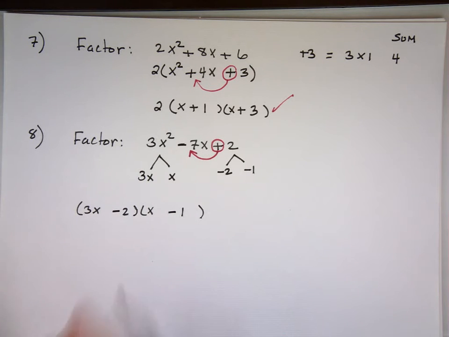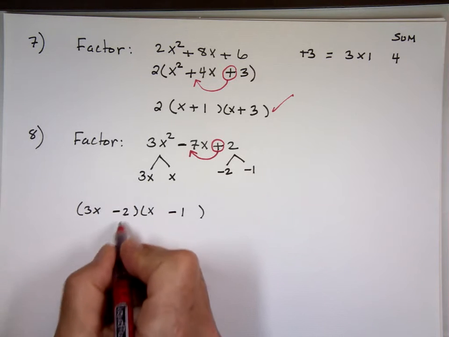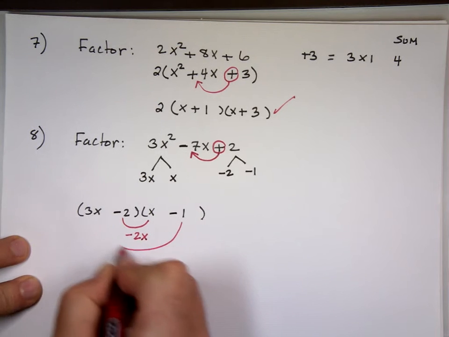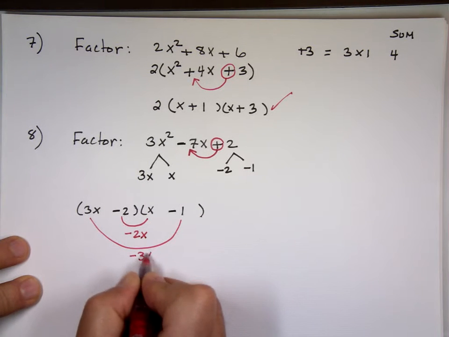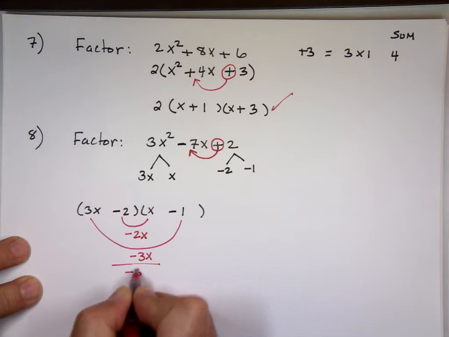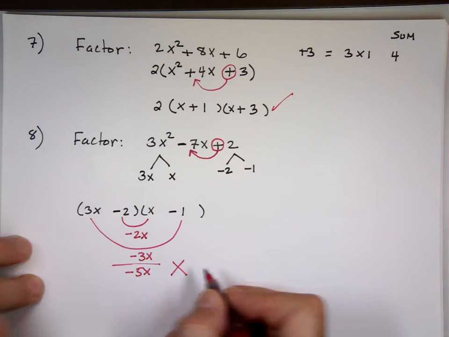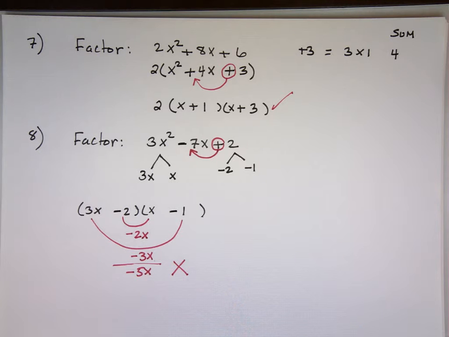Do I have negative 7x? Let's see. Let's multiply. That's negative 2x. That's negative 3x. When you combine them, that's negative 5x. Is that what you want it to be? No, that's wrong. What's the other option?